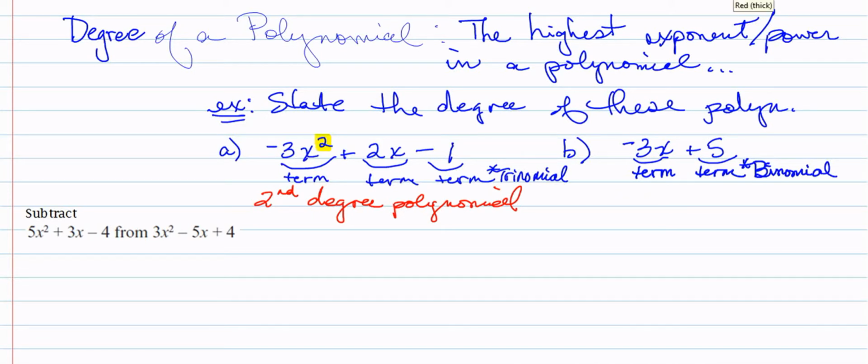The highest degree on any of the variables is understood because it's not actually pictured. It's 1. So we say this is a first degree polynomial. So it's first degree polynomial or binomial. Polynomial is fine.